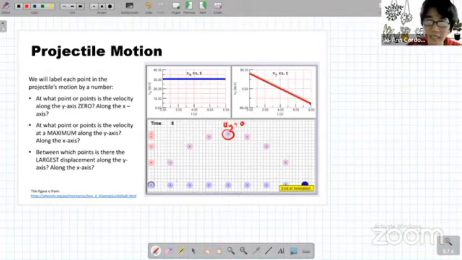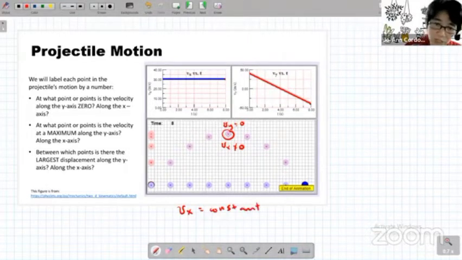Along the x-axis, meron po bang time na yung ating velocity along the x-axis ay 0? Okay, wala. So, ang v of x natin ay laging not 0. Kasi, supposedly nga, ang v of x natin ay constant. So, kung ano yung initial value niya dito, hanggang sa matapos yan, parehas ang value ng v of x natin.